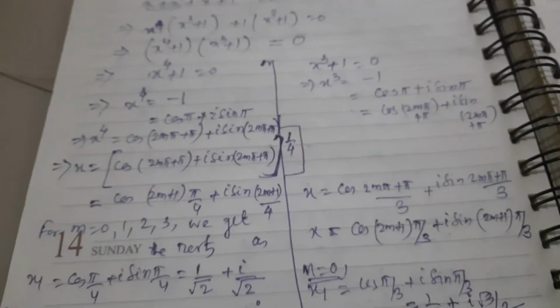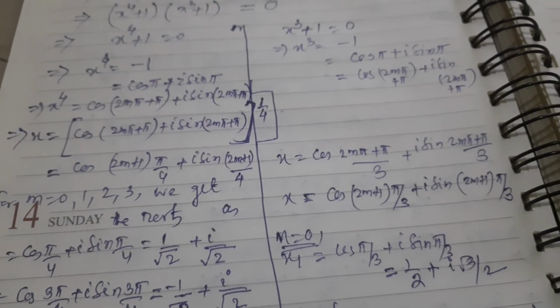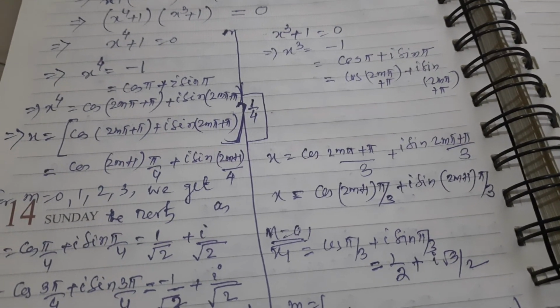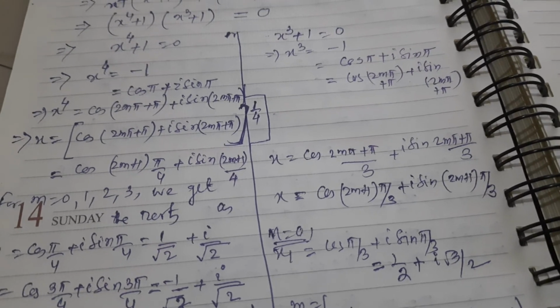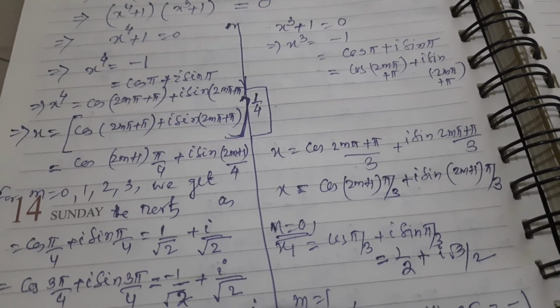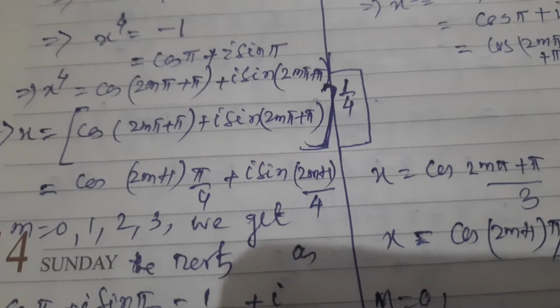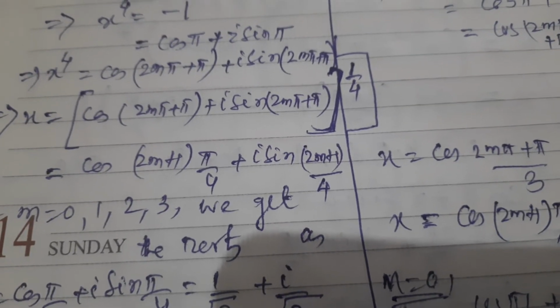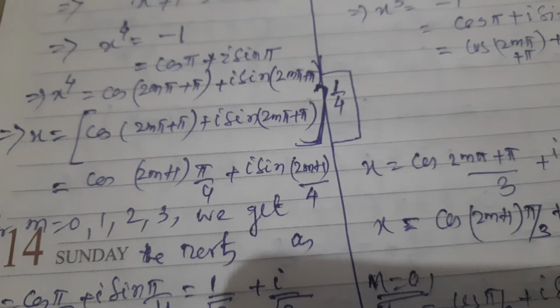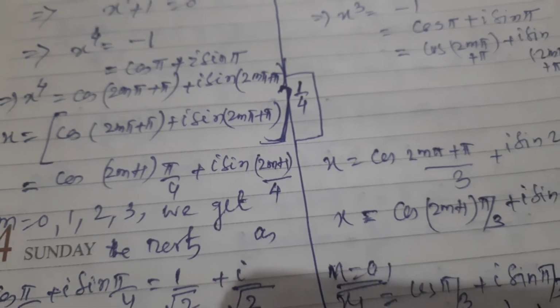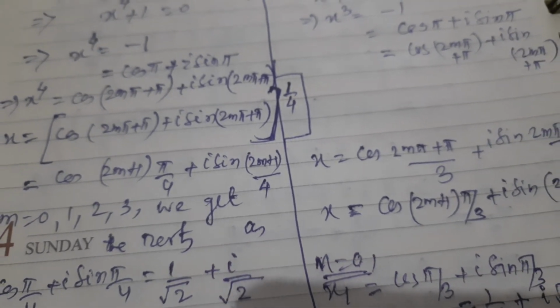In the left hand side, taking the 1/4th power, students check it by using De Moivre's theorem. The final expression will be cos((2m+1)π/4) + i sin((2m+1)π/4).